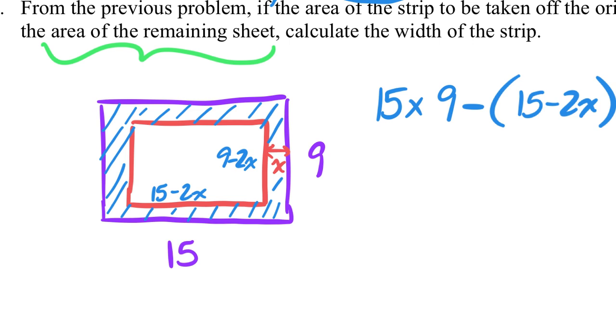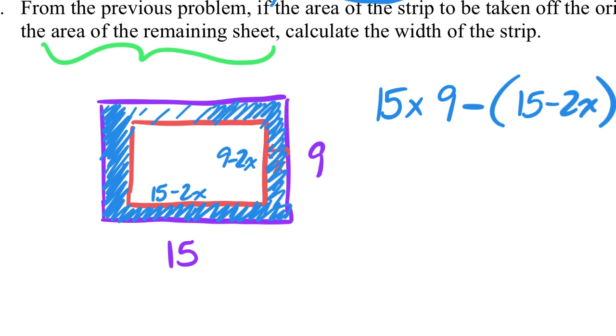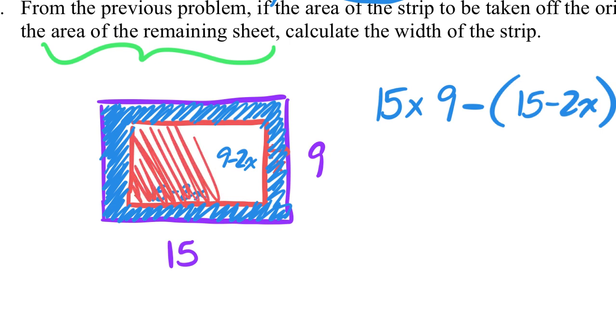The problem said that the area of that blue shaded in part, like I'm really going to shade it in for you, the strip that's being taken off, is equal to the area that remains. So the blue equals the red.